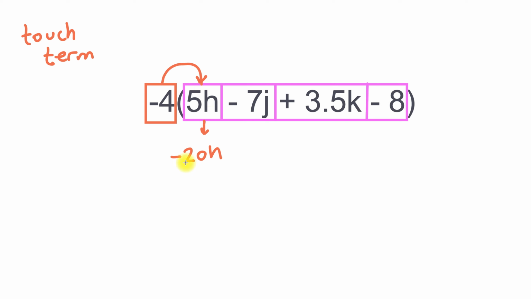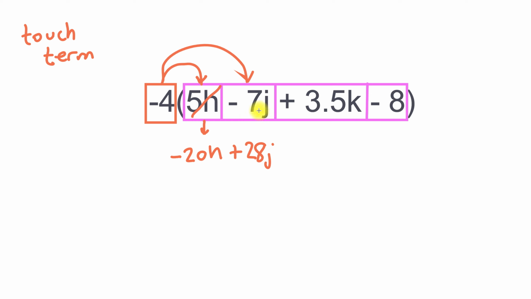So that's our first distribution, and we're done with multiplying by the first term. The next thing we'll do is multiply negative 4 times the second term, which is negative 7j. So now we've got negative 4 times negative 7, and a negative times a negative is a positive, so that's going to be positive 28j, because 4 times 7 is 28. That is our second distribution.